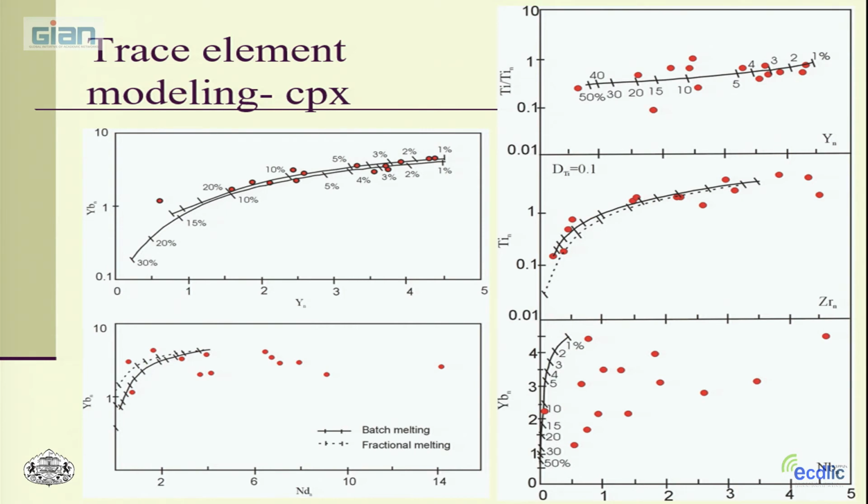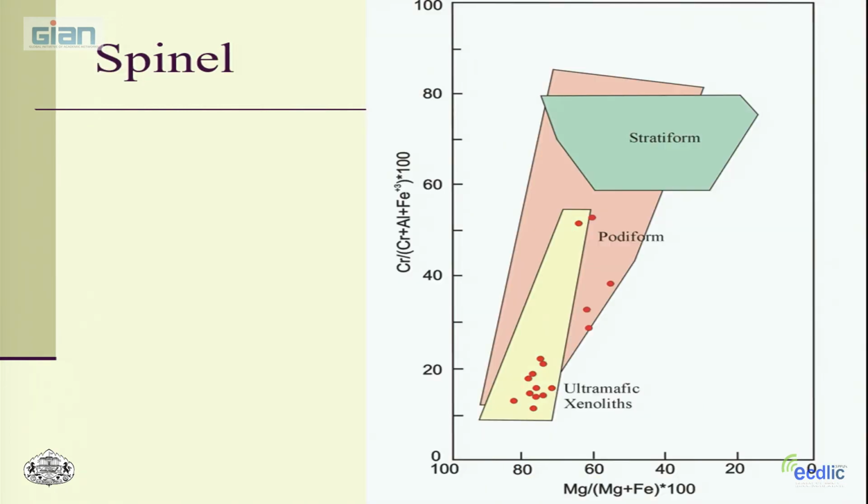The rest of the elements show a big spread, indicating their concentration levels have increased, and this increase is not due to the partial melting process. They do not follow the partial melting curves, but instead some other process has probably operated, and that likely process is the metasomatic process.